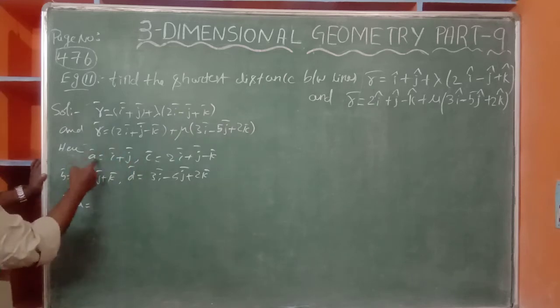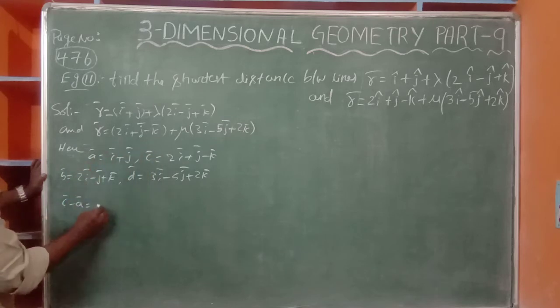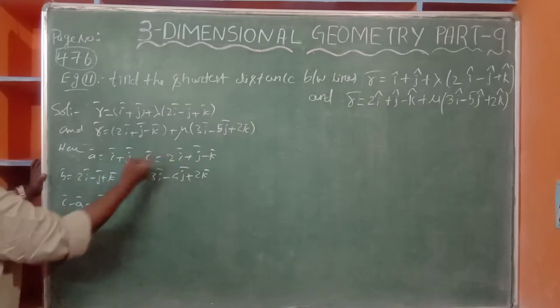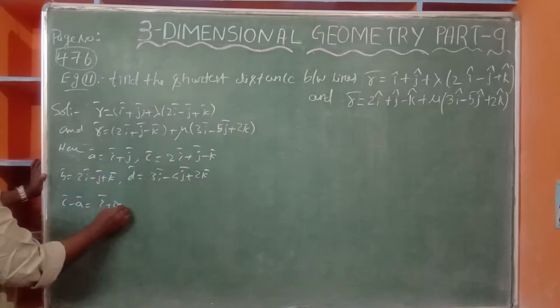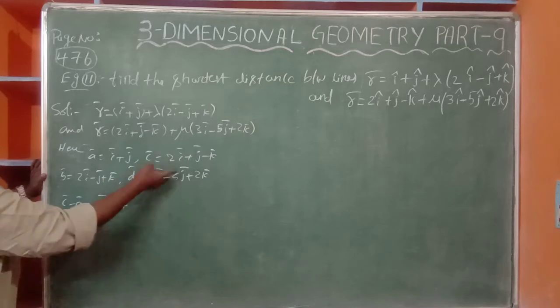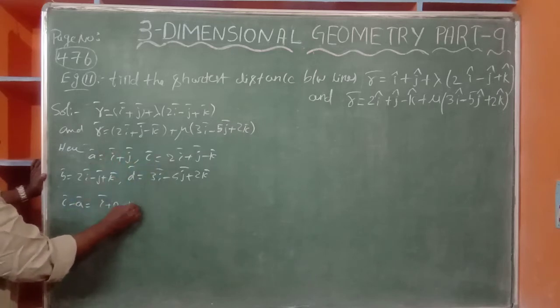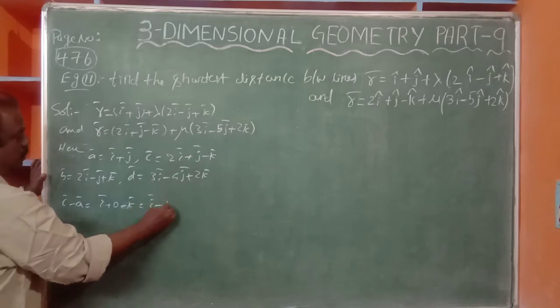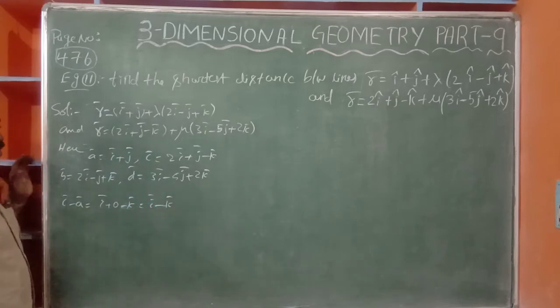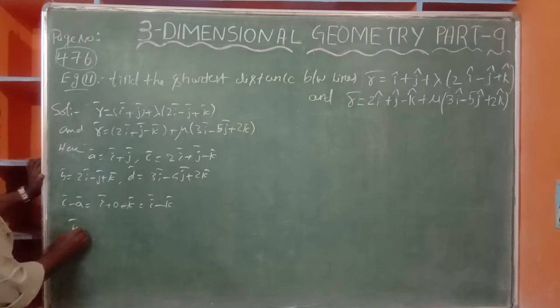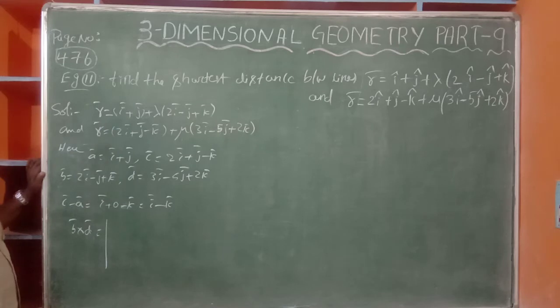That is C minus A: 2i minus i, j minus j is 0, minus k minus 0 is minus k. That is i minus k. Now, B bar cross D bar. You recall that concept.